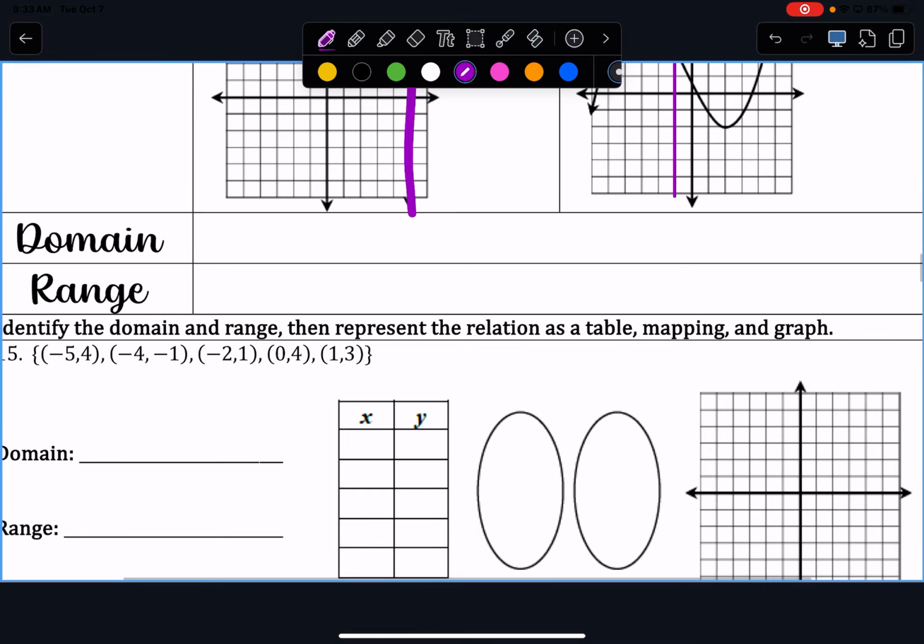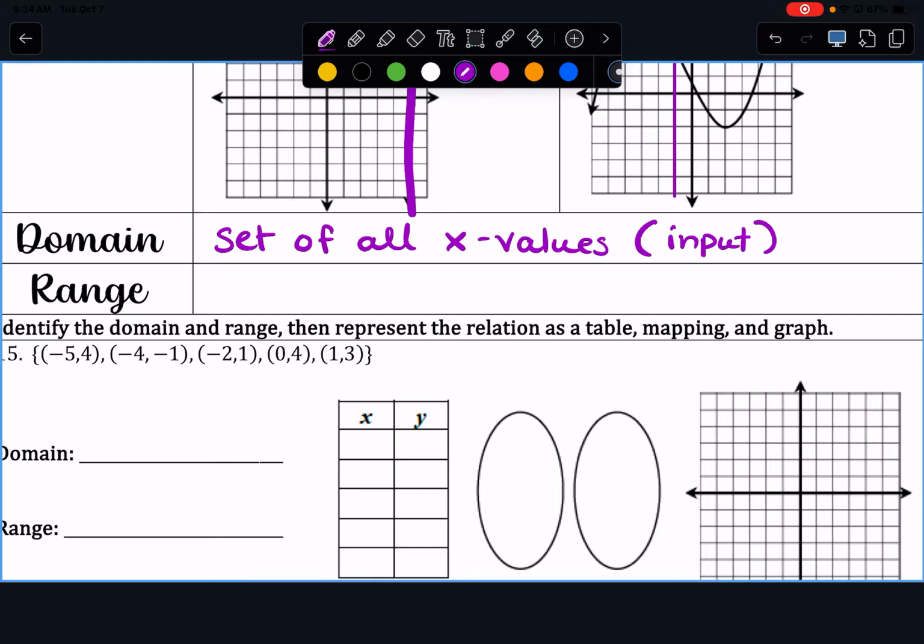Domain is the set of all x values. Domain is your inputs. It is what you are inputting into the function. Whereas range is the set of all y values. It is your output. It's what you're getting out of the function.